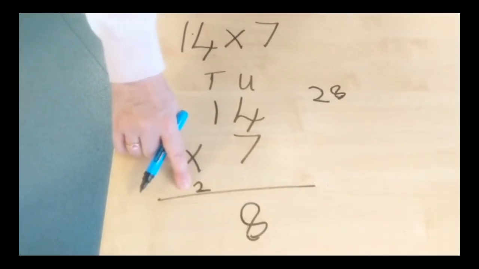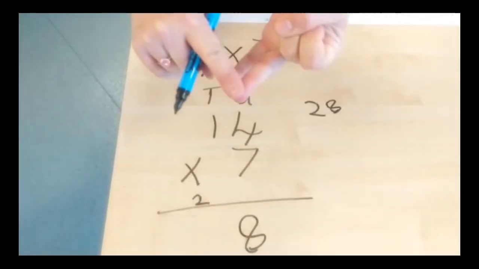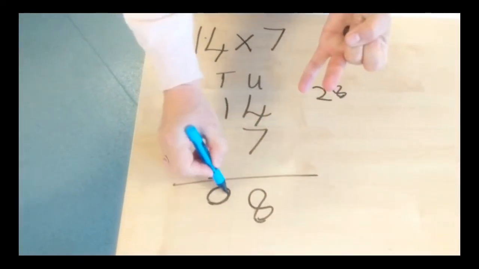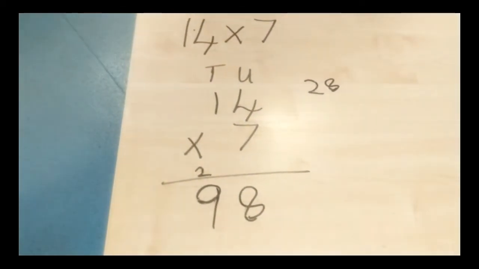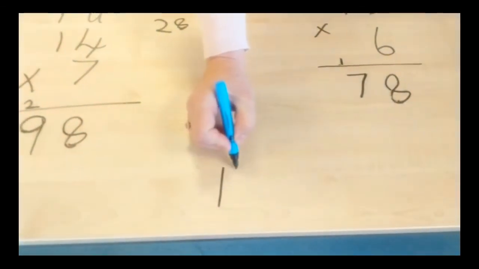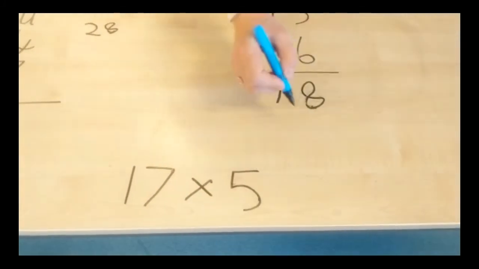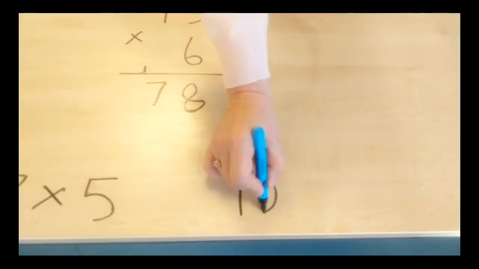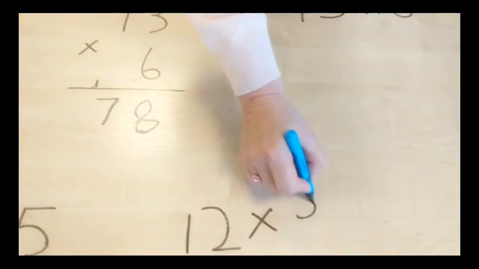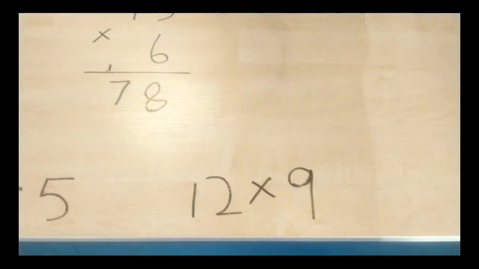Add the 2, which is 2 tens, so that's 70, 80, 90, 98. I want you to have a go at these. 17 times 5. 12 times 9. And let us know how you get on.